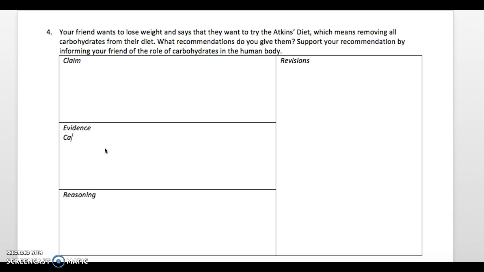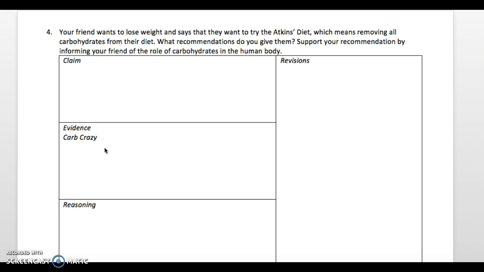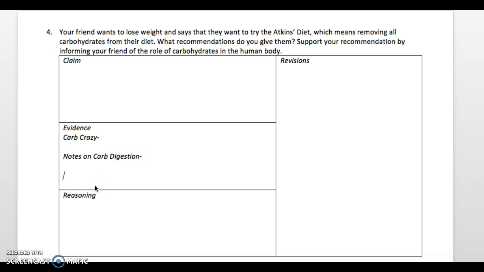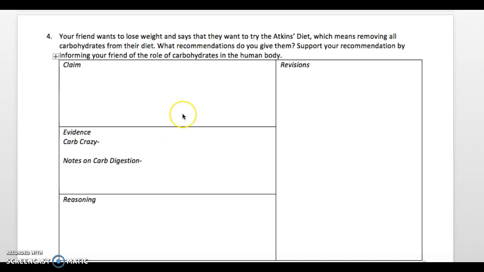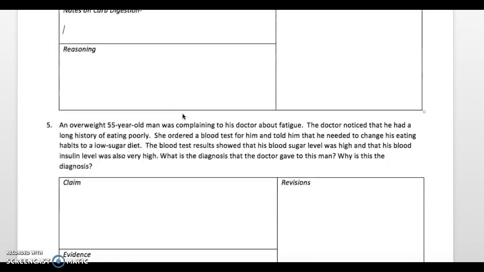And then we could also look at our notes on carb digestion, so just thinking about the role of carbohydrates in the body. So these are sources of evidence, but for evidence, I would want you to maybe draw something out or write the actual data from those activities, okay?